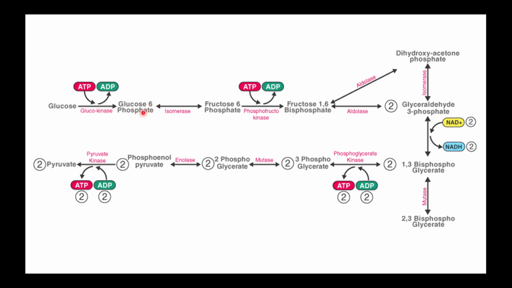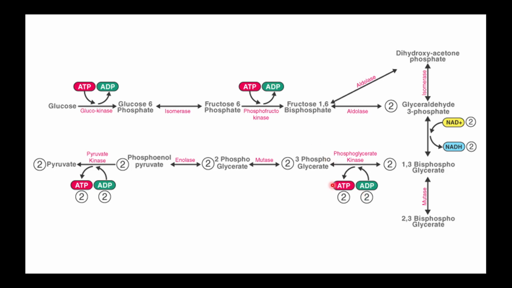This is also a phosphorylation step. ATP is giving the phosphate to glucose to become glucose 6 phosphate, and in turn it is getting converted into ADP. In this step also, fructose 6 phosphate is taking one phosphate from ATP to become fructose 1,6 biphosphate, and ATP is getting converted into ADP.